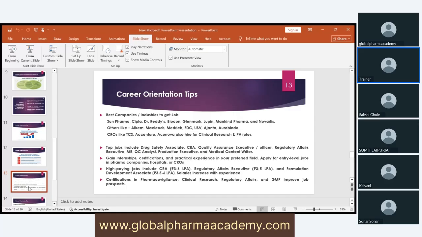These are the areas, mainly CROs, contract research organizations, pharmaceutical industries or colleges. There you first try for internships or get entry level jobs like executives, officers, trainee. After that, slowly when you gain experience or based on your performance, you will get into the next role, that is executives. Then slowly your growth will surely happen. So get first associated with pharma companies, hospitals or CROs from entry level jobs or internships.